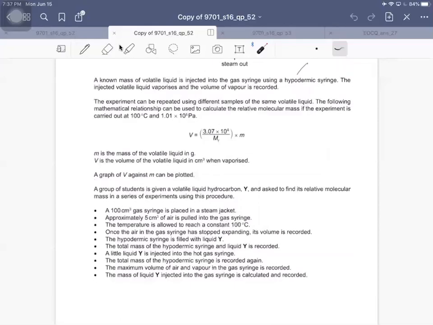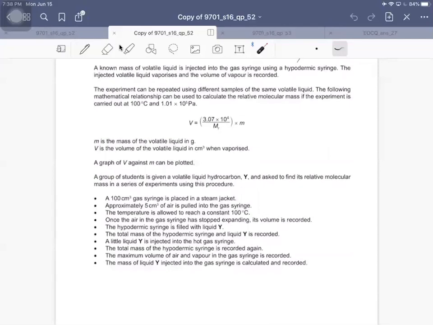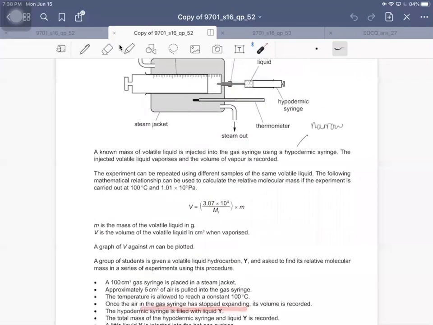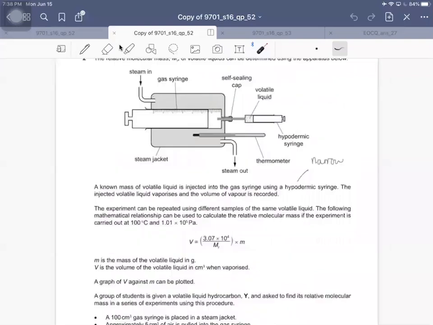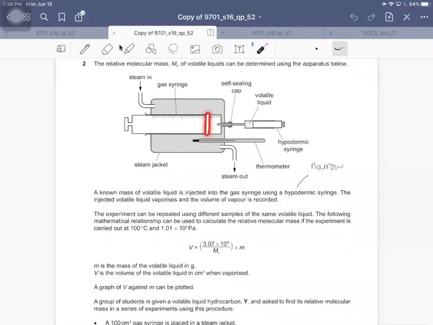It happens to be 5 in the setup. So you allow the temperature to reach 100 degrees Celsius. That's a high temperature. Once the air in the gas syringe has stopped expanding, that means once the piston stays constant, that is the volume of air.